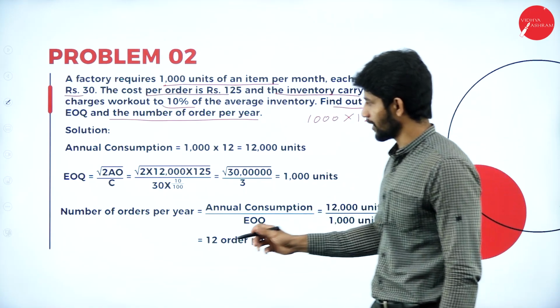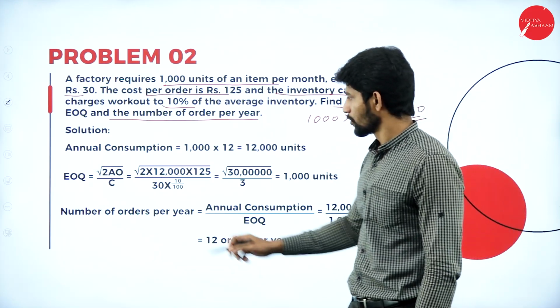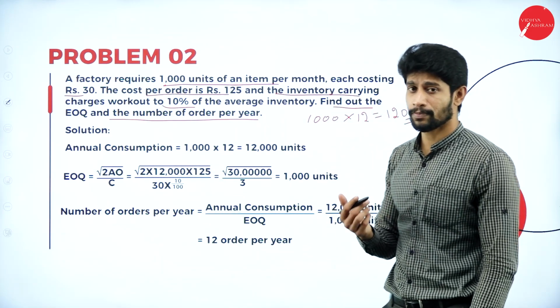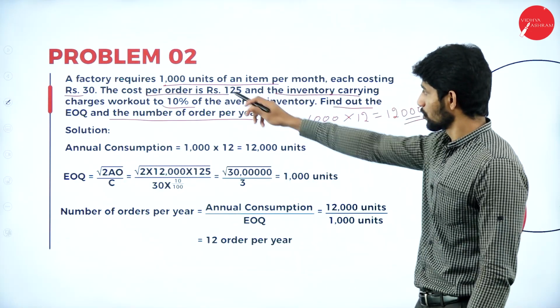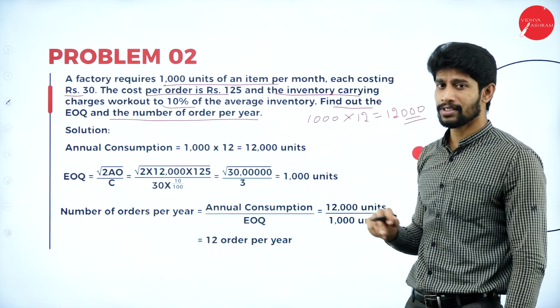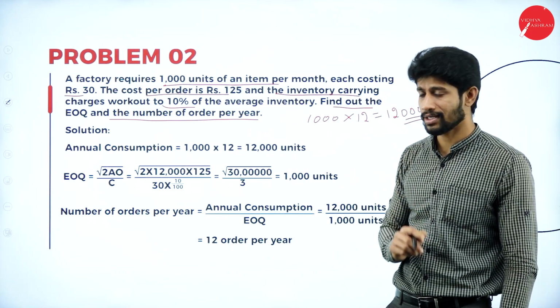Solution: again the same formula, EOQ equals square root of 2AO divided by C. We are supposed to calculate annual consumption to know A. So 1000 per month into 12 months, you will get 12,000 units as the annual consumption.